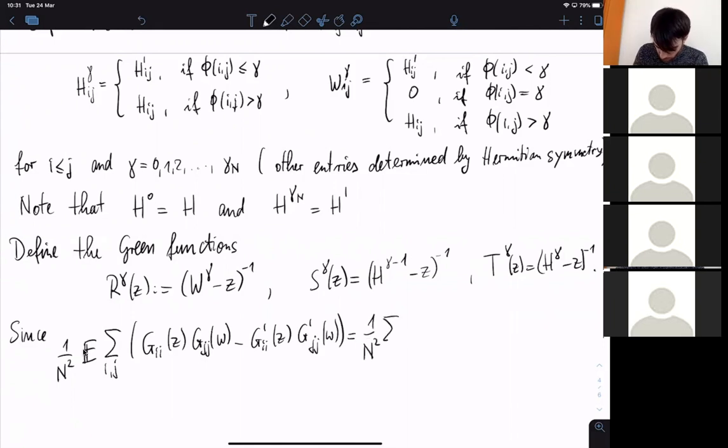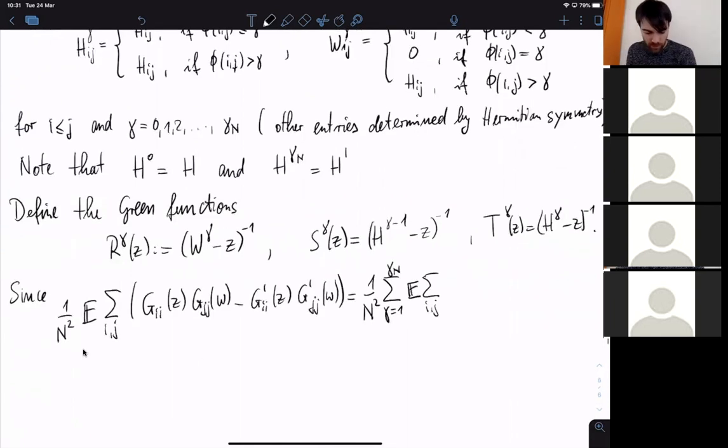This needs a little check, but I'm sure after what we've done last week, you know how to see that. So we now have an additional sum over gamma here, and then I can rewrite this with the T's: T of z, T j j gamma, w minus S gamma z, S j j gamma of w.